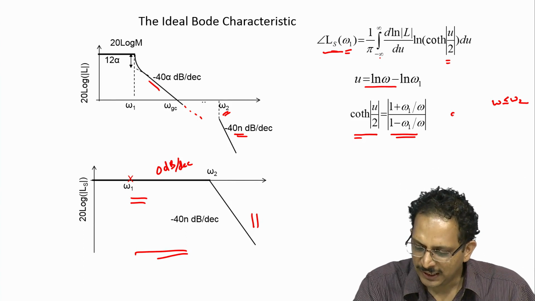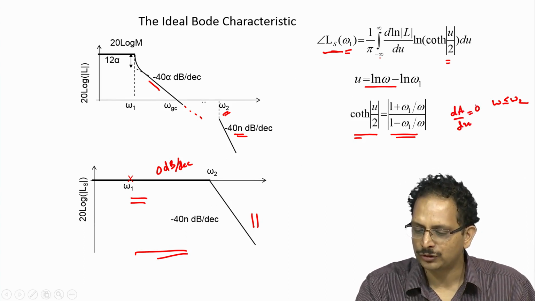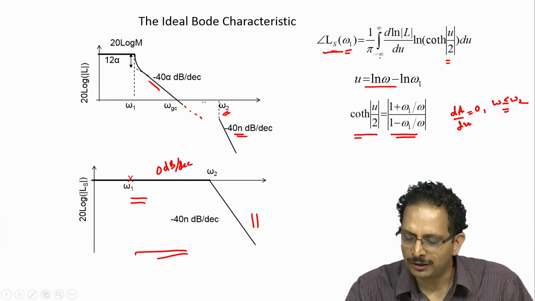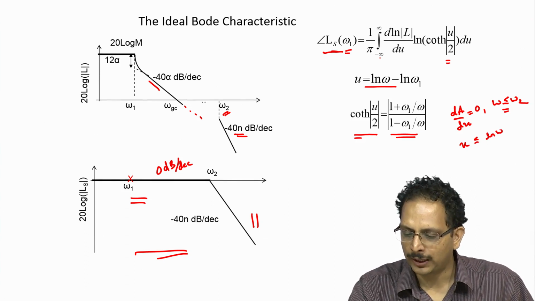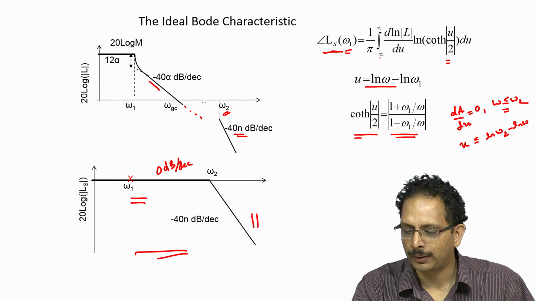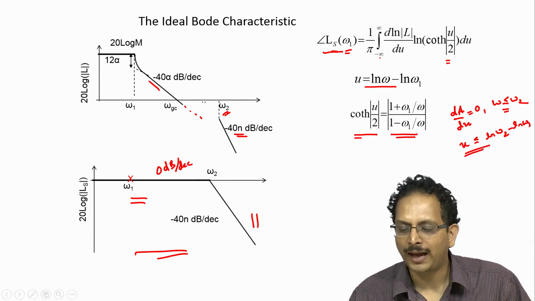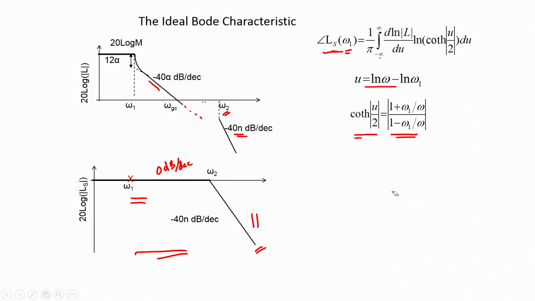So, in other words, dA by du is going to be equal to 0 for frequencies omega less than or equal to omega 2, or in other words, for u less than or equal to ln of omega 2 minus ln of omega 1. So, for u up to this particular value, we would have dA by du equal to 0.